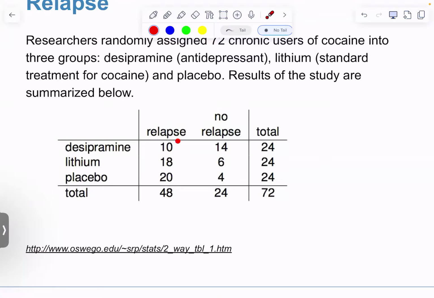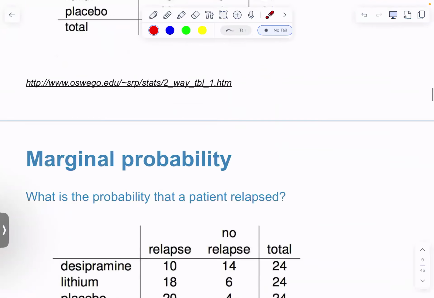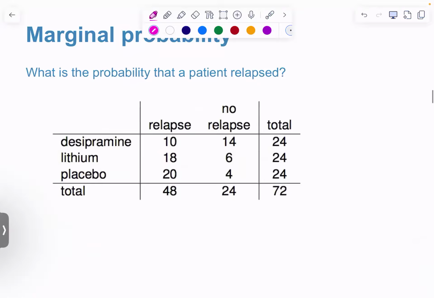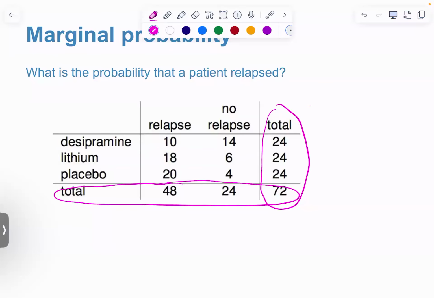Then we record how many relapse after some amount of time. Overall, 48 out of 72 relapsed. First, I want to point out that these totals are the margins.